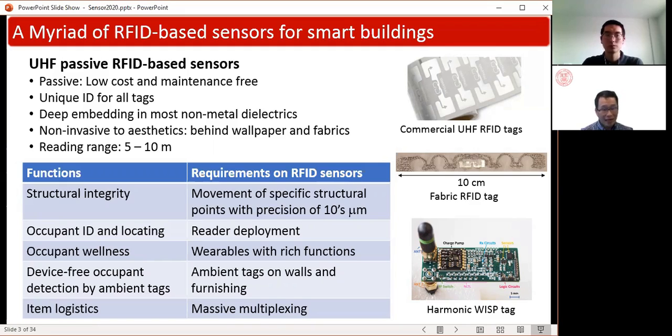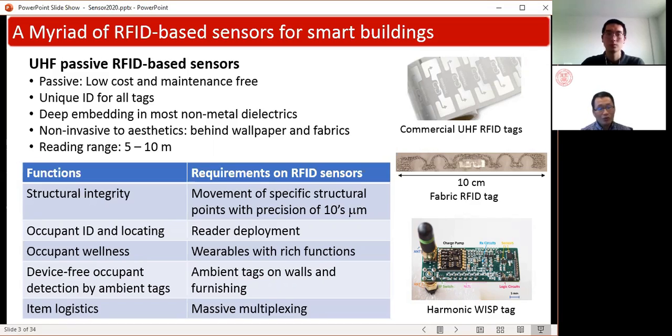And each tag has a unique item-level ID. This ID can be used for identification of the tag and also for signal isolation. So each tag, when communicating with the reader, is embedded in a digital isolation.